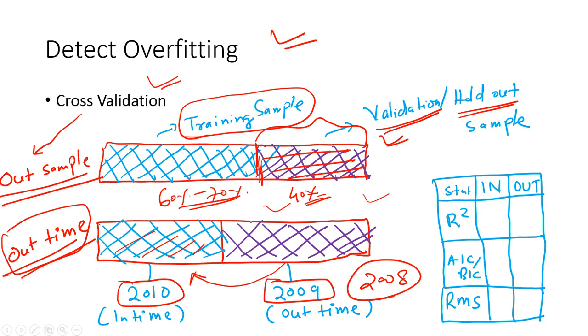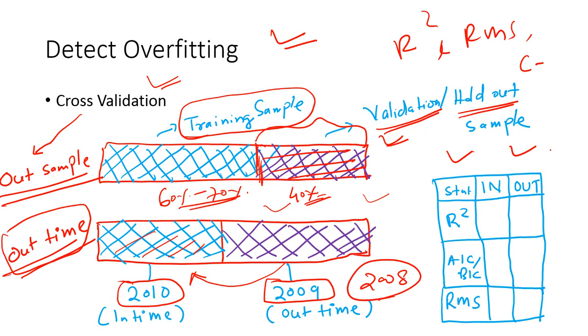If there is a huge difference in the model performance statistics, whether it could be R square, root mean square statistics, or C statistics, across this in sample and out sample data, then you should go back and rebuild your model, and we'll talk about how we overcome such a problem, and how we ensure that the problem doesn't arise in the first place.